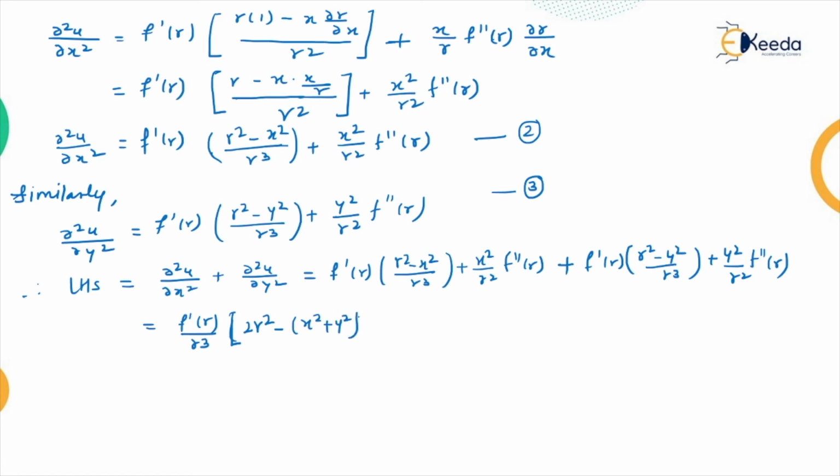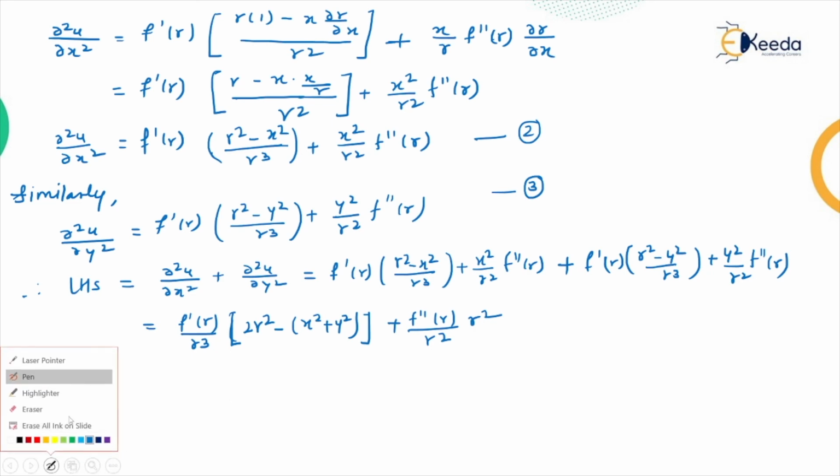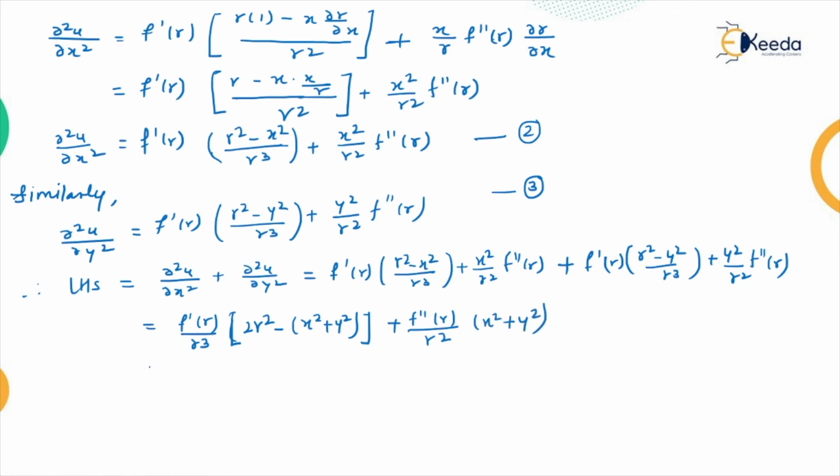Now this bracket is complete, plus in the next term we will get f double dash of r upon r square, and into again r square remaining, it is nothing but x square plus y square. So I am writing very clearly x square plus y square. So this will take f dash of r divided by r cube inside the bracket 2r square minus, you know, r square is x square plus y square.